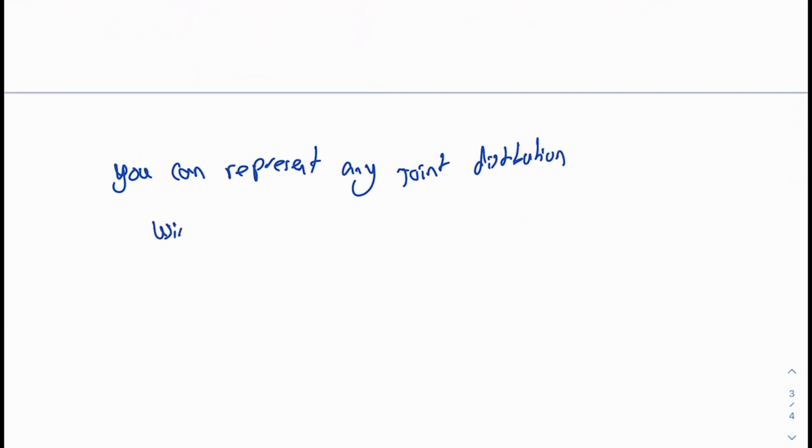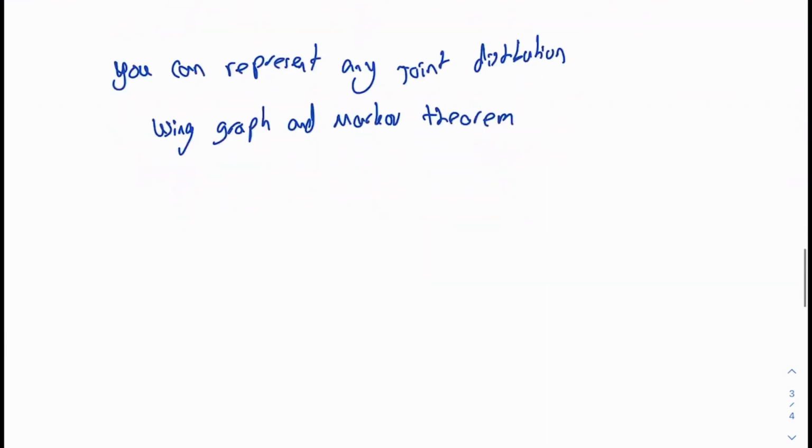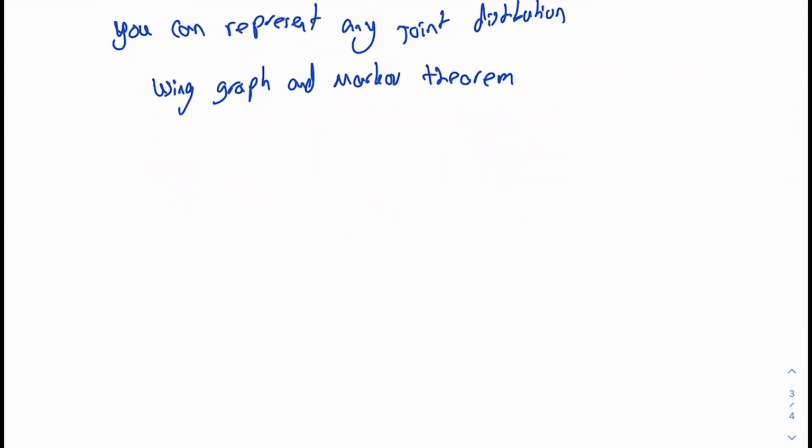Remember, you can represent any joint distribution using a graph and Markov theorem, right? So, for example, probability of x1, x2, y, this is a joint distribution, can perhaps be represented using this.